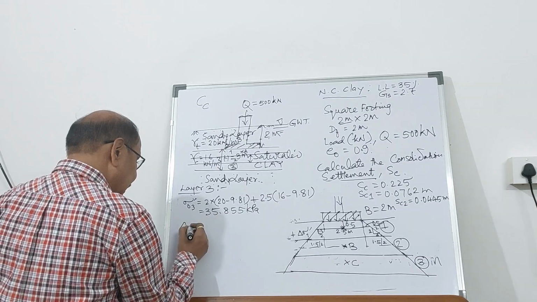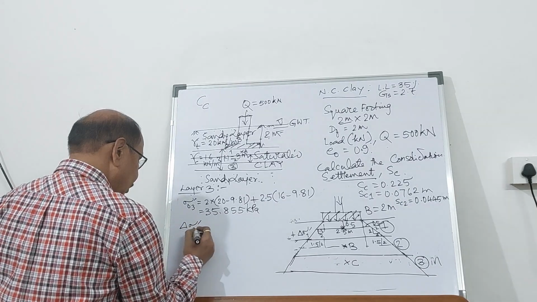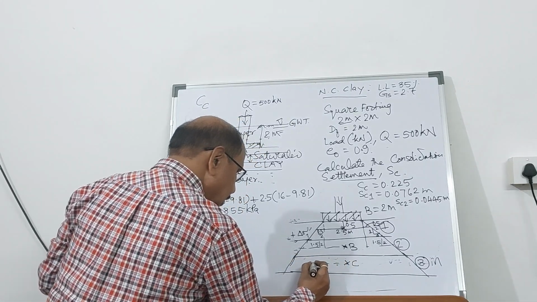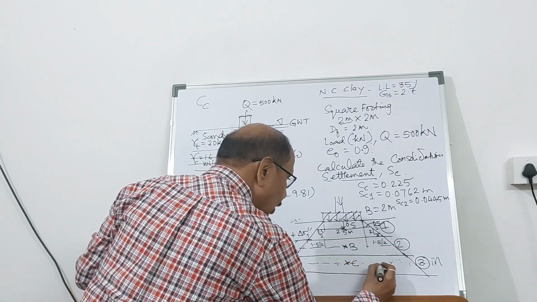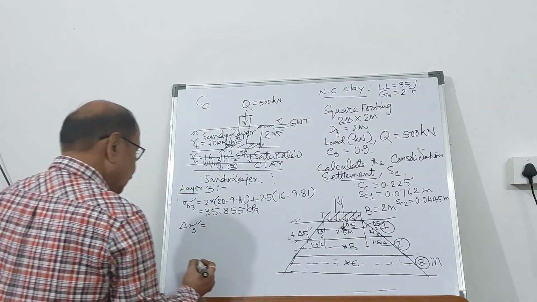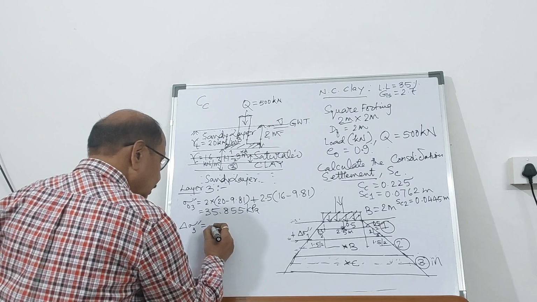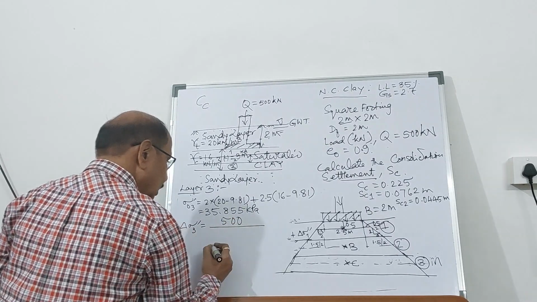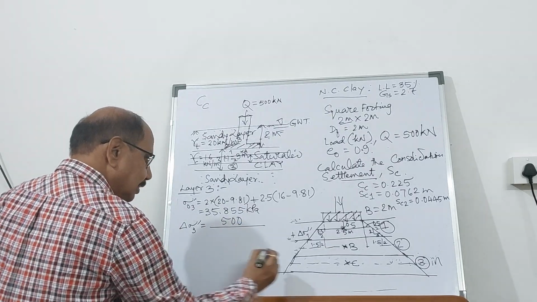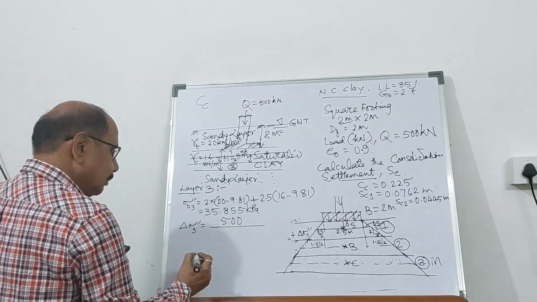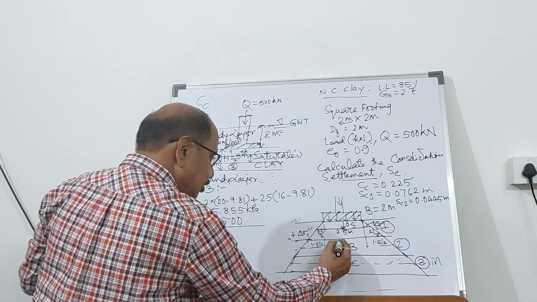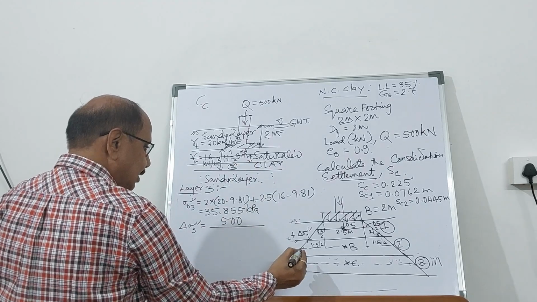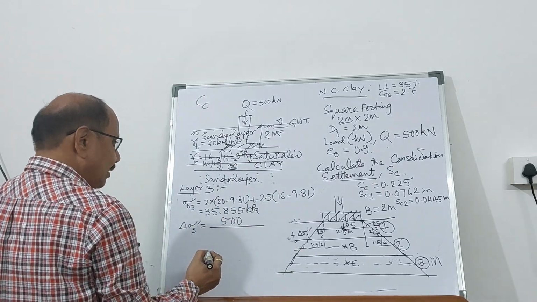Now, what is the increase in effective pressure at the midpoint? So this dimension has to be calculated. In the numerator, you have got the loading, 500 kilonewton, and the area, because now the dimension is going to be first layer 1 meter, second layer 2 meter, and the third layer midpoint is 2.5 meter.